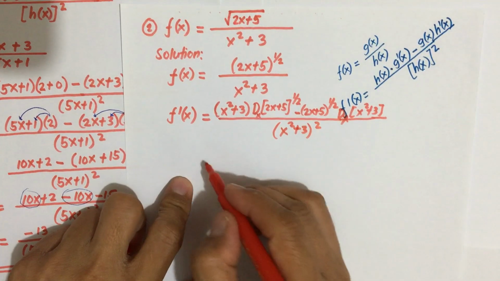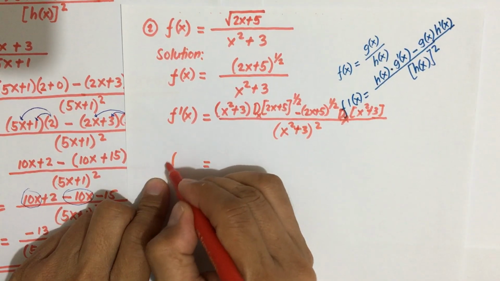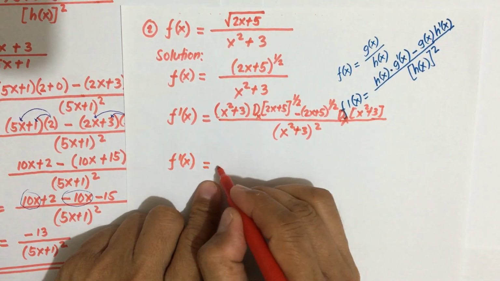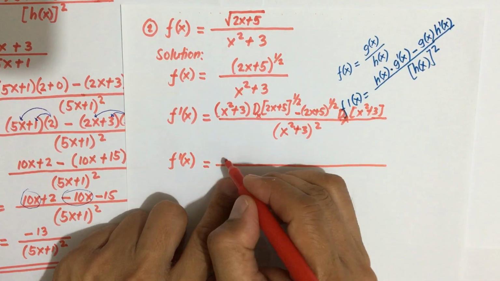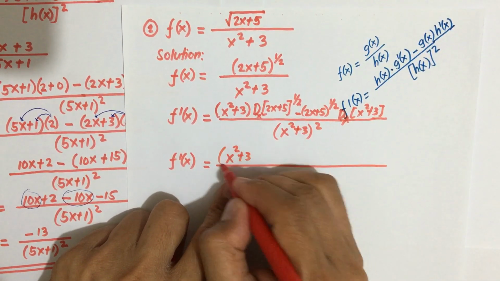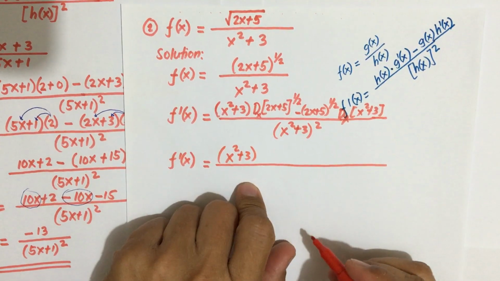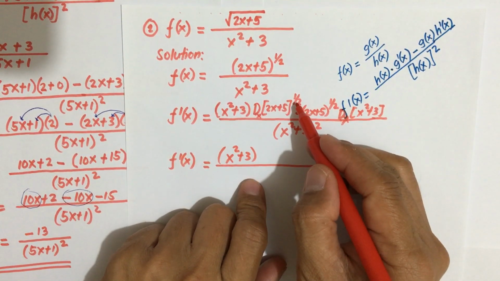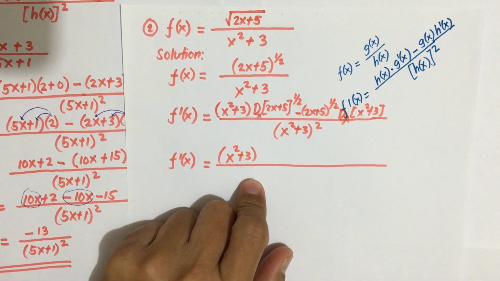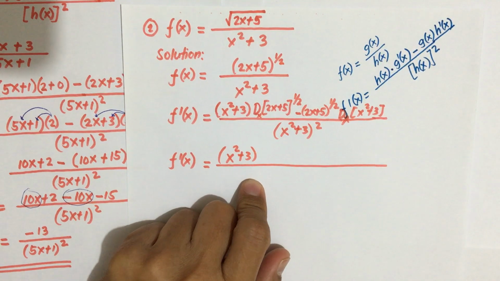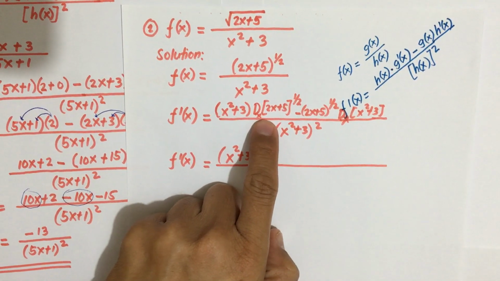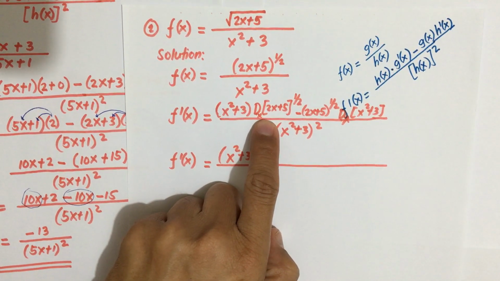Okay, so simplifying, f prime of x is equal to x squared plus 3. So the derivative of this, so what is the derivative of this? So we will apply the power formula.